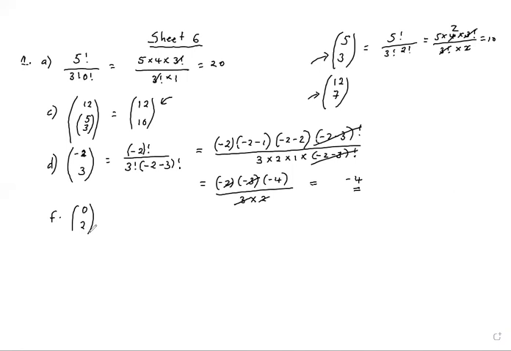What if I use the binomial formula of n times n minus 1 times n minus 2 over 3 factorial, which is what we have used here?